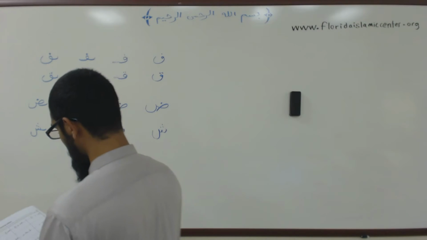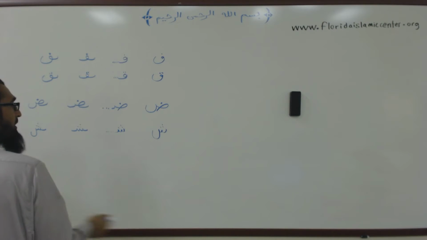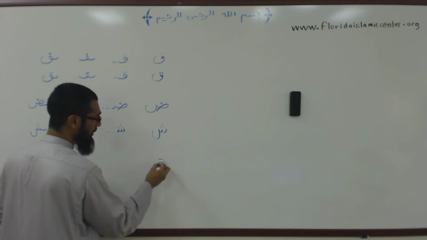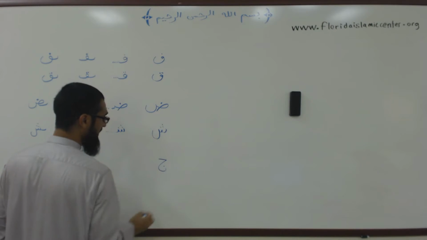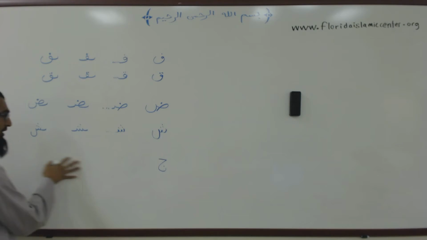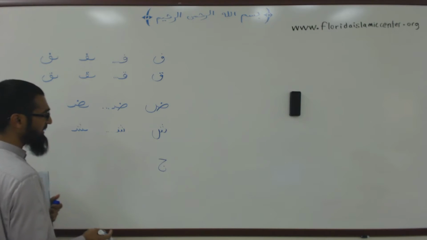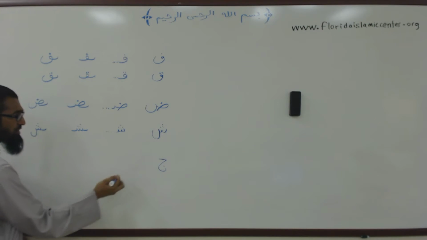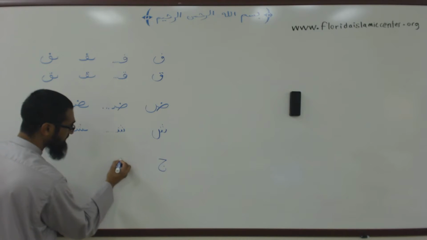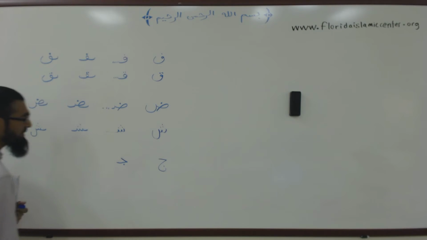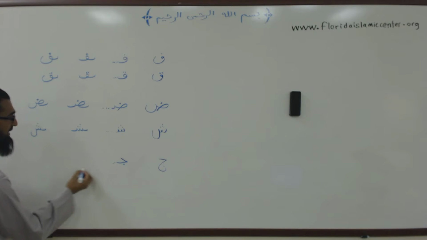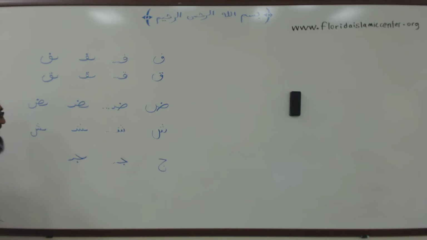Let's put the lam up on the board. Remember, jim, ha, and kha. They're all the same. They follow the same rules. The difference is just that there's a dot there. Let's put jim, ha, and kha up. Jim in the beginning looks like what? That's jim, right? And it connects to whatever's there. In the middle, it looks like that, right?